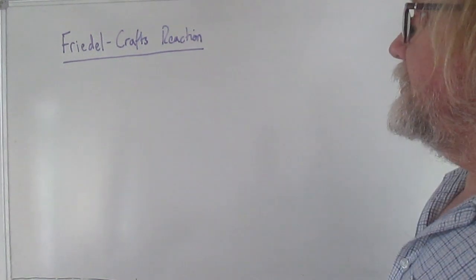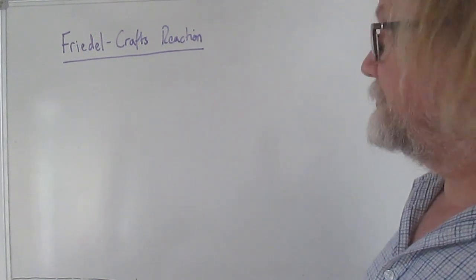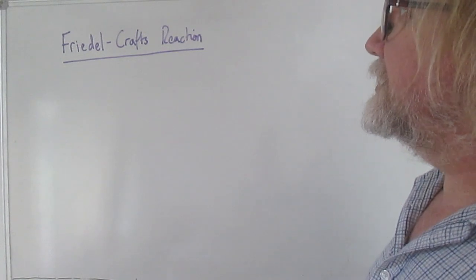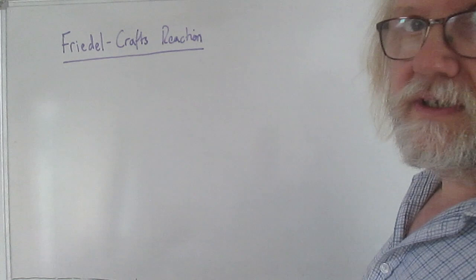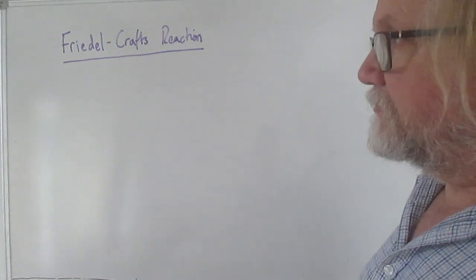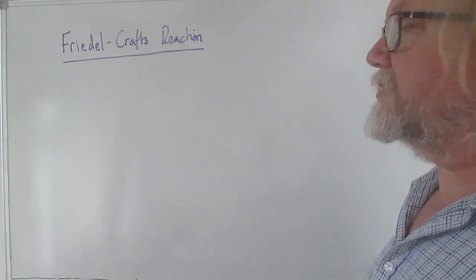If you think about the organic reactions that we've learnt about up to now in the course, what they all have in common is that they leave the carbon skeleton alone and they just redecorate it with different functional groups.